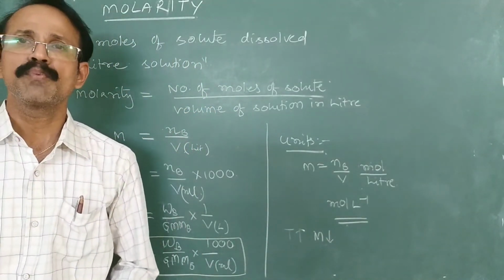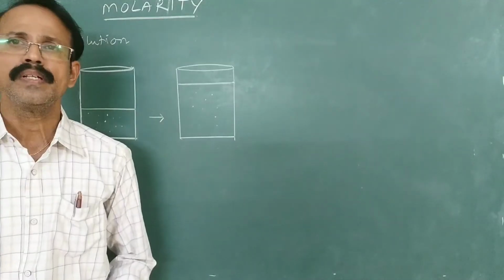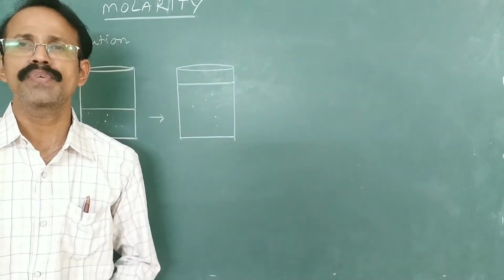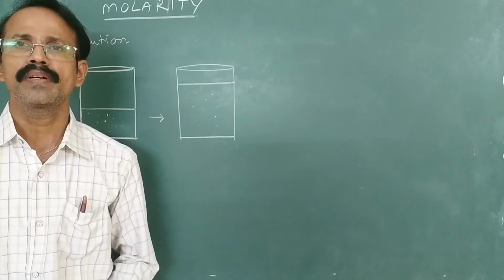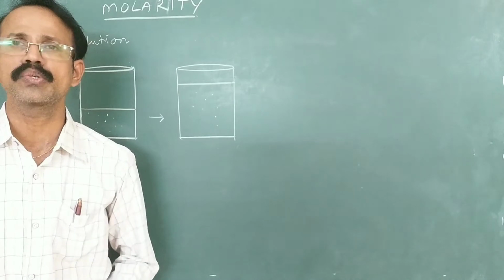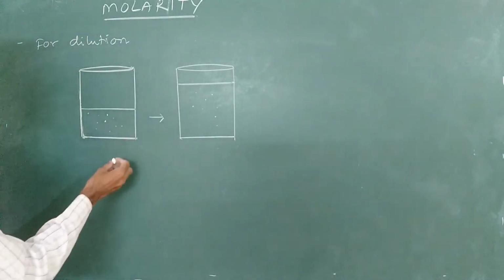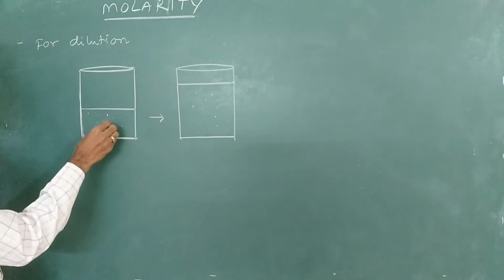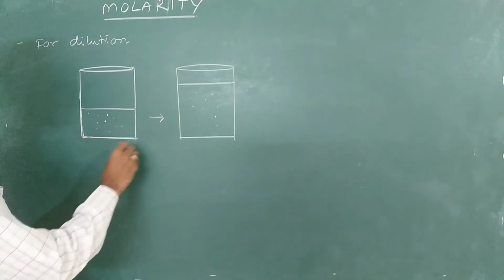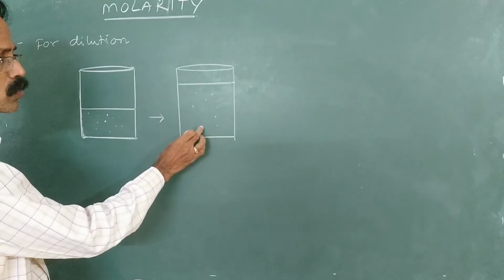Now I'll give a few more important formulas for calculation of molarity. Suppose a solution is diluted, then what happens? Obviously the concentration will change, and then how do you find the molarity of the new, dilute solution? Let us see. This is a solution with some solute present in it, and now it is diluted by adding solvent so that a dilute solution is formed.